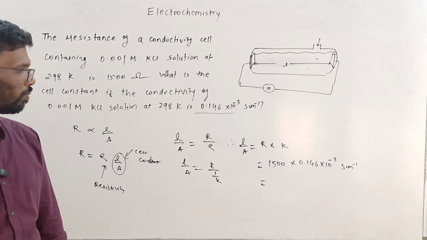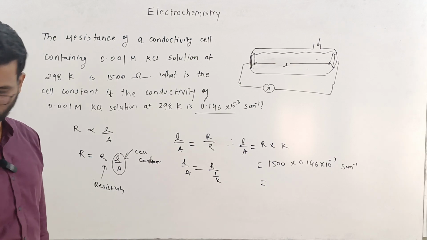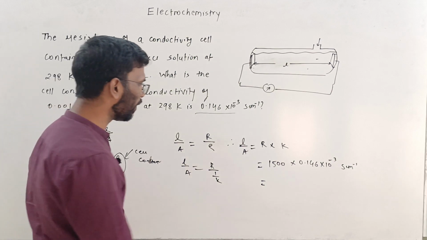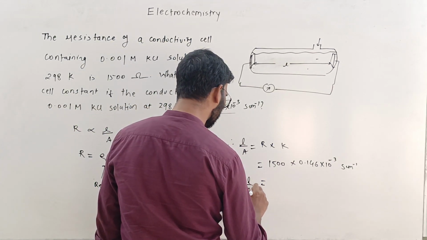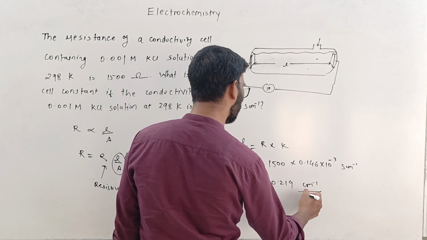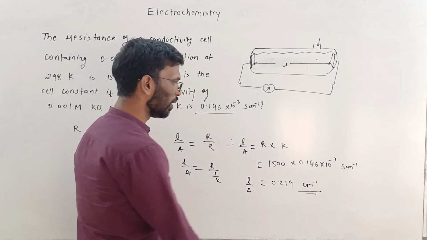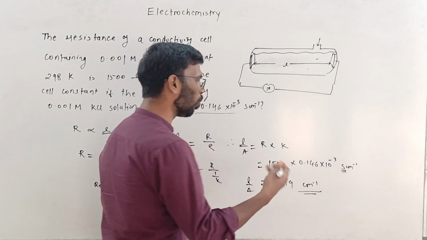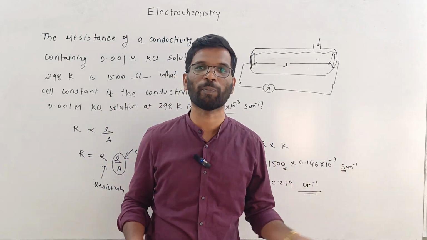So the answer comes to 0.219 for L by A. The unit will be per centimeter, because Siemens and ohm are opposites; Siemens could also be written as per ohm.